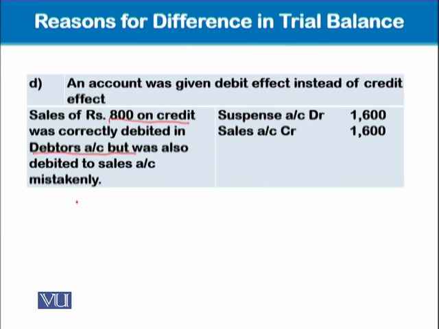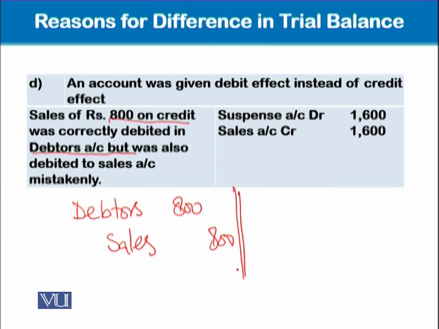That is debtors account debit and sales account credit with 800. Okay, this was the correct accounting entry, but that was also debited to the sales account. Okay, what wrong did we do?